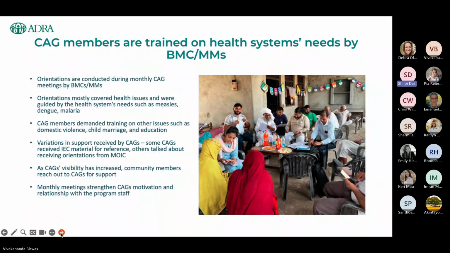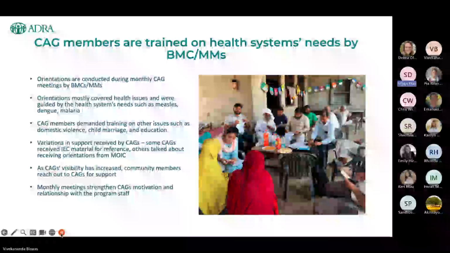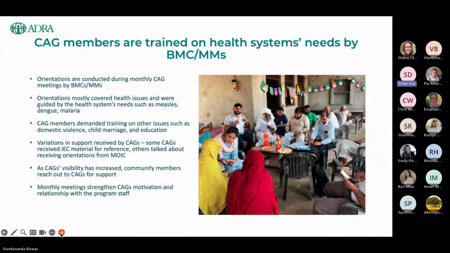The orientation mostly covered health issues and was guided by health system needs such as measles, dengue, malaria. So the capacity building of CAG members was context driven also, rather than following a predefined structure. For example, if it's a malaria endemic area, then the CAG members were trained about malaria prevention as well.